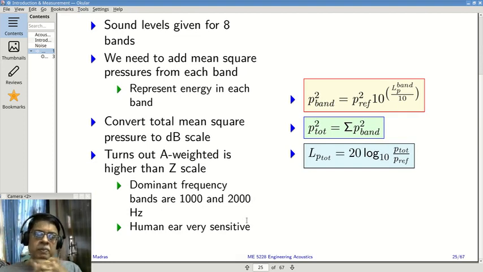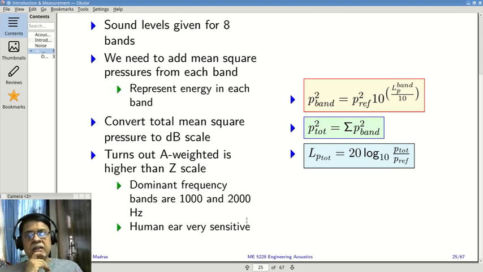Normally that doesn't happen. The reason it happened here is that the dominant energy is in the 1000 and 2000 hertz bands, where the human ear is very sensitive. Now, of course, one can write an Octave program or a spreadsheet and do this in a very systematic fashion.